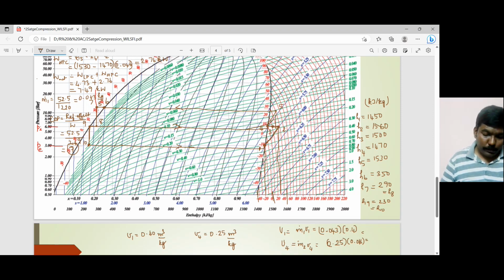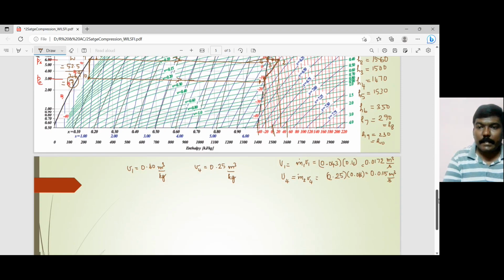So if you want to find these two values, 0.4 into 0.043 is 0.0172 meter cube per second. And 0.25 into 0.046 is 0.0115 meter cube per second. And the volumetric efficiency is given as 80%.